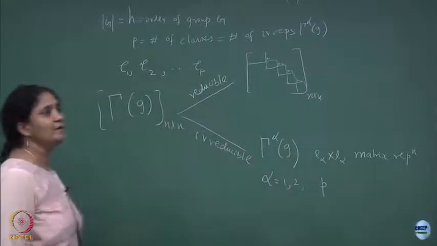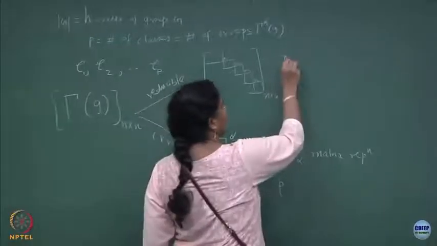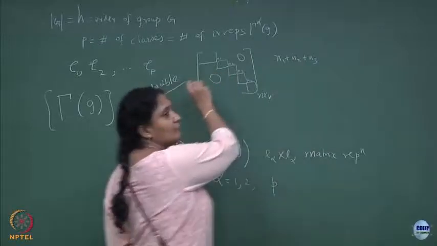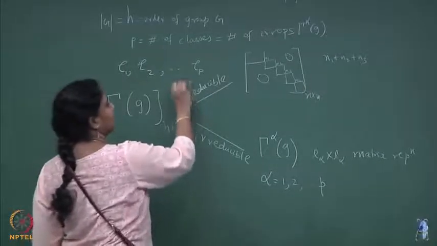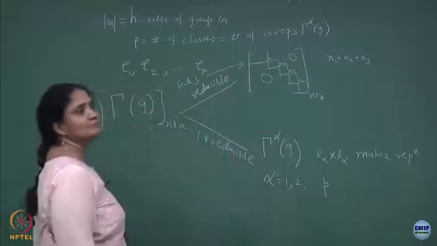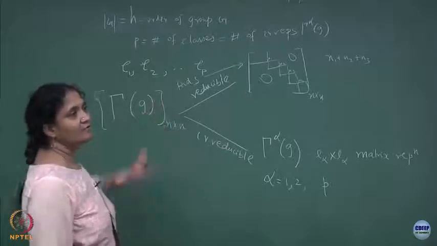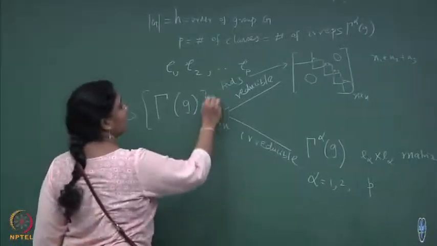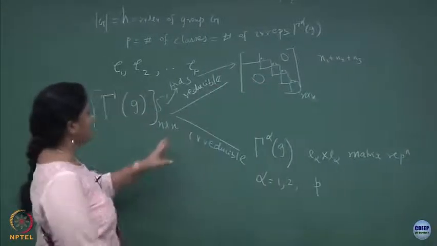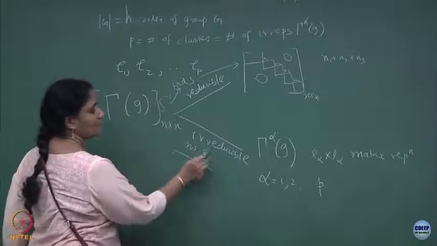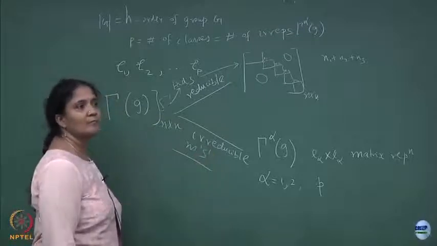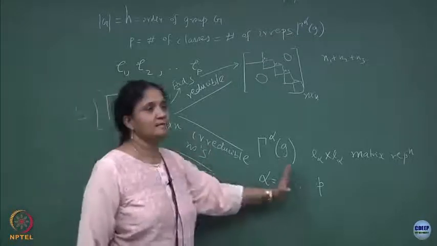What is the requirement? n1 plus n2 plus n3, others are all 0. Reducible means you can find S to bring it to this form by similarity transformation. Here no S, you do not have any S, you cannot break it, that is the meaning of this.